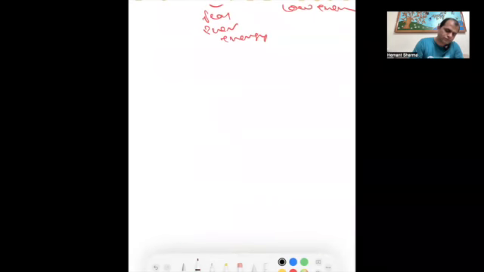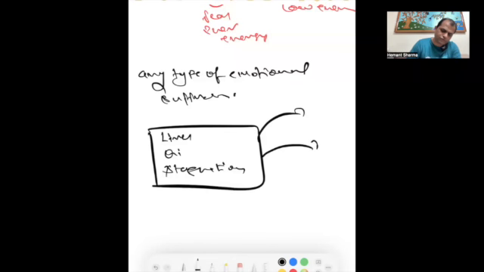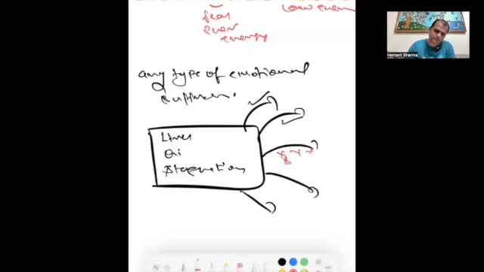When the person does any type of emotional suppression, it creates liver chi stagnation. Liver chi is not able to flow all around. Maybe it flows in this direction, maybe in that direction, but somewhere it is blocked.